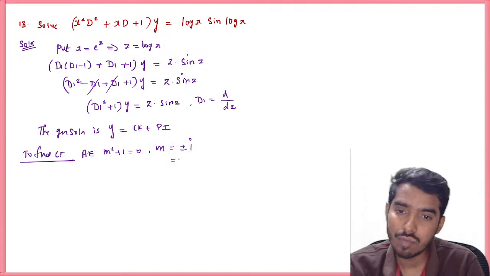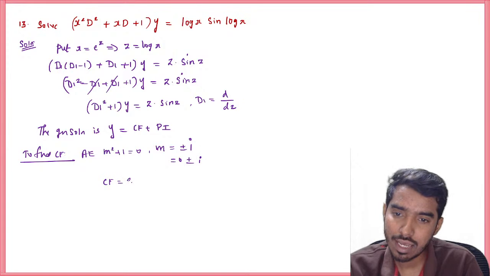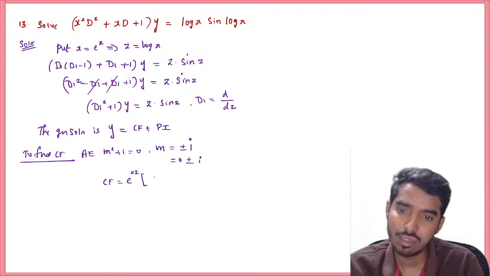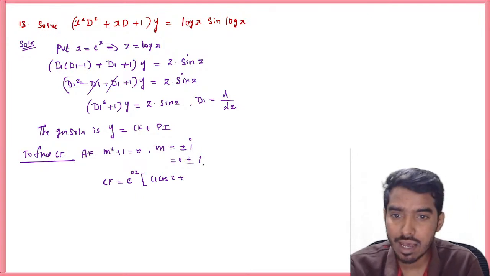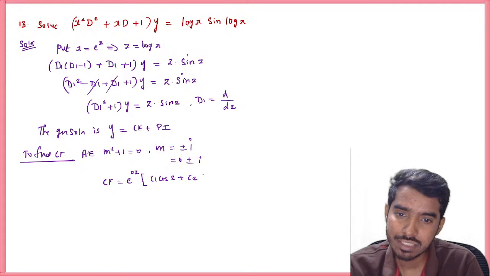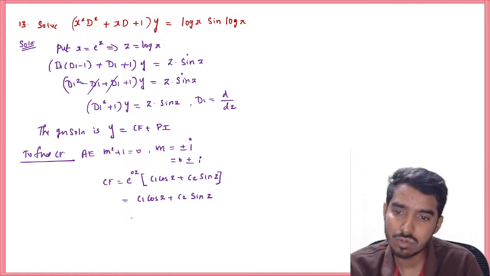So therefore, we have 0 plus or minus i. So your CF is e power alpha z, C1 cos beta z plus C2 sin beta z, where alpha plus or minus i beta, alpha is 0, beta is 1. So C1 cos z plus C2 sin z is your CF.